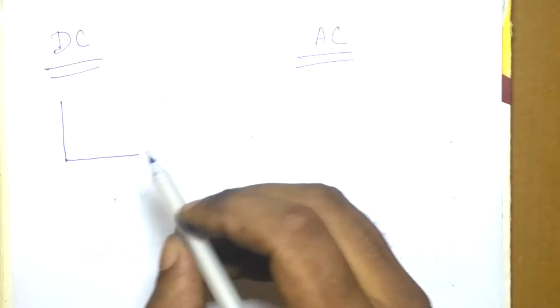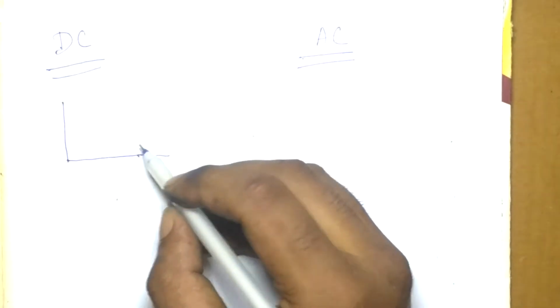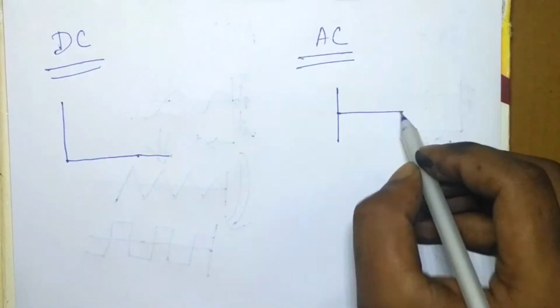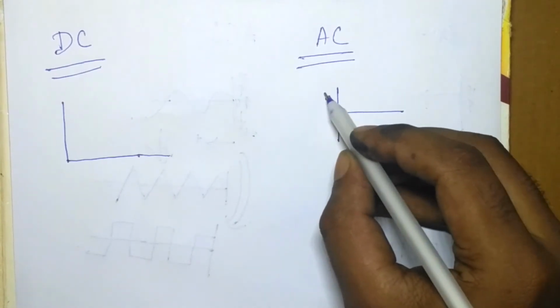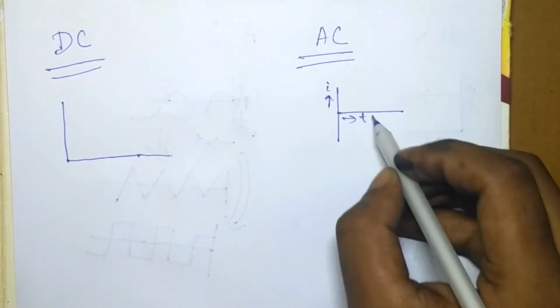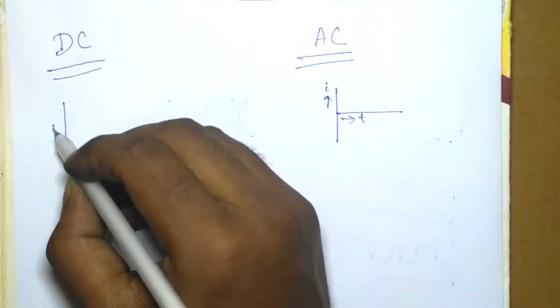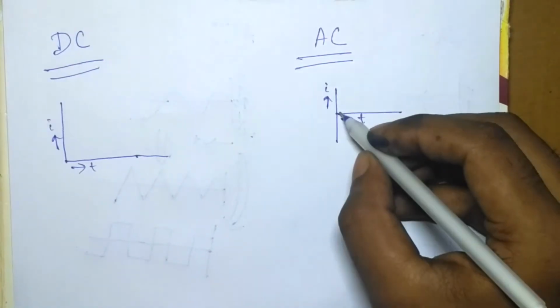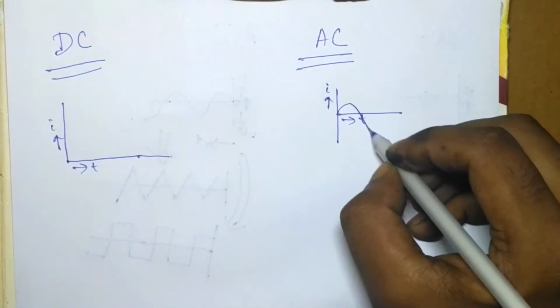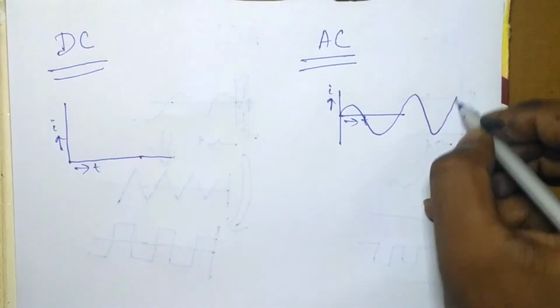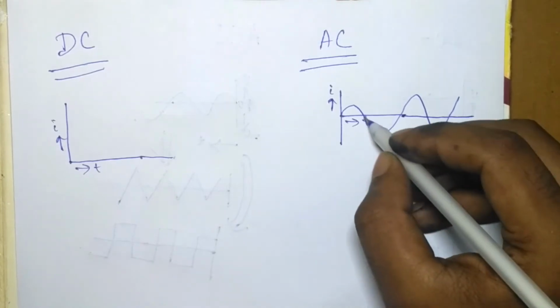Whenever the current versus time or time versus current curve intersects the time axis, then it's an AC.